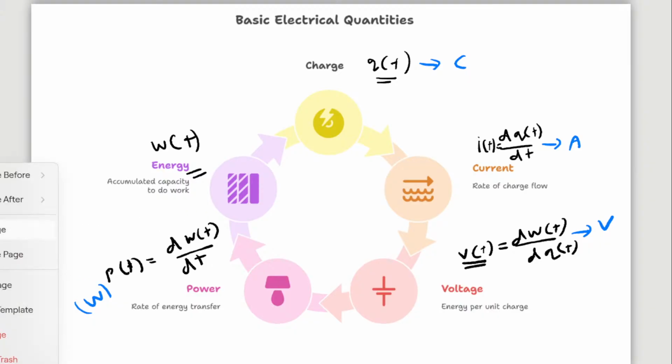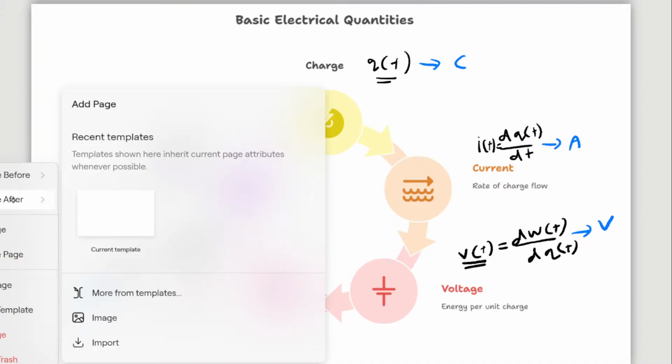Now I am deriving one equation for power. Here p of t is defined as dw of t divided by dt, the rate of change of work done per unit time.